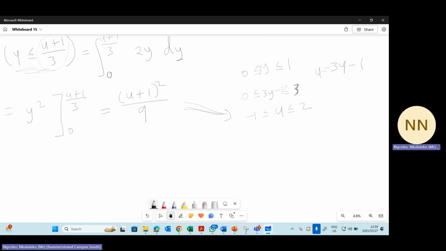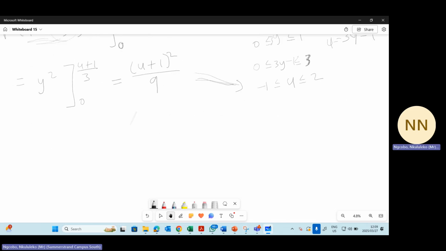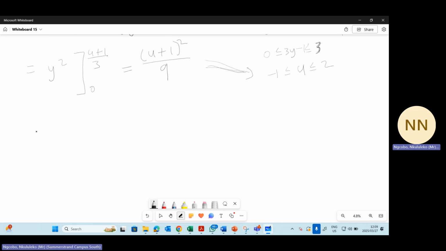is this, right? So if you want a complete definition of this distribution, F of u equals 0 if you're looking at u less than -1. There is no distribution function for anything u less than -1, right?